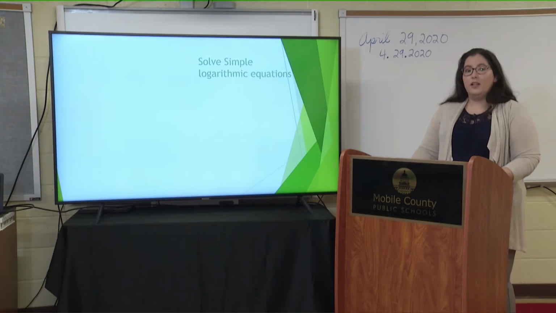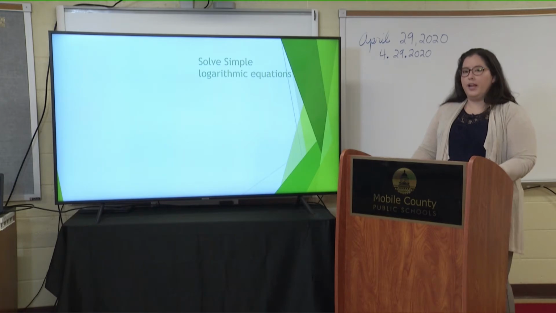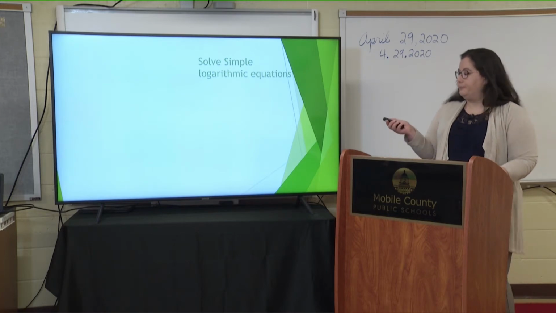So first of all, a simple logarithmic equation. What I'm going to use is that it only has one variable. If it has more than one variable, we're going to have to do something different. But for now, if it has one variable that we're looking for, we can generally switch the forms and solve that way.